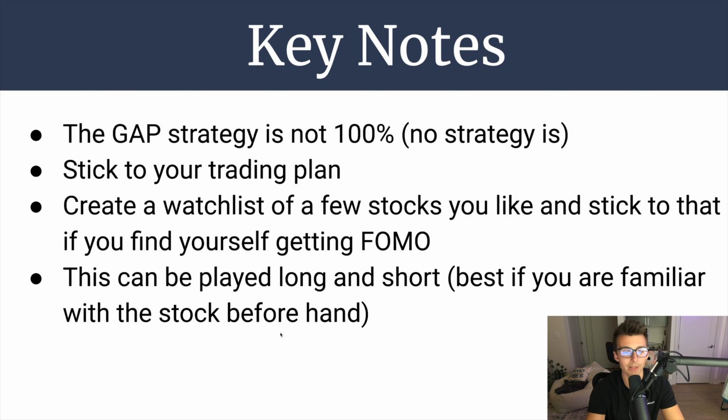You want to stick to your trading plan and create that watch list. Now, we like to talk about this because if you just have a collection of 5, 10, 15, 20 stocks, whatever fits your needs, whatever you're comfortable with, you don't have to worry about FOMO, about this stock, that stock, this new stock today, a new stock tomorrow that everyone's talking about on Reddit, on Twitter, or wherever. It doesn't matter.